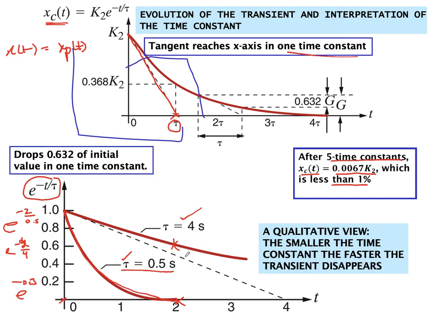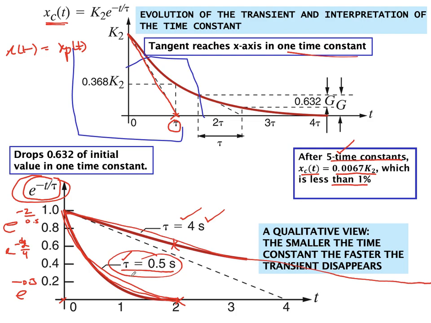So this shows that if tau is a smaller value, the circuit will discharge very quickly, and if the value of tau is larger, the circuit will take more time to discharge itself to become equal to 0. So the complementary solution will reach 0 much later.